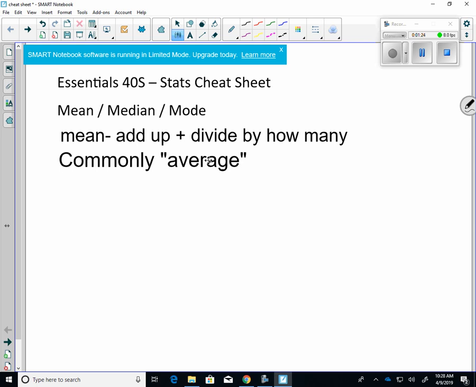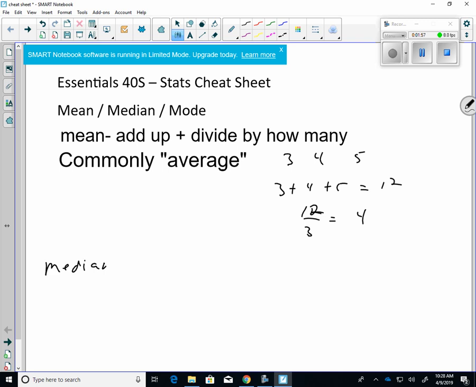Well, let's say you got the numbers 3, 4, 5. 3 plus 4 plus 5 equals 12. 12 divided by 3 is 4, right? So you just find the average. Is there anything else I need to include with averages? I don't think so.